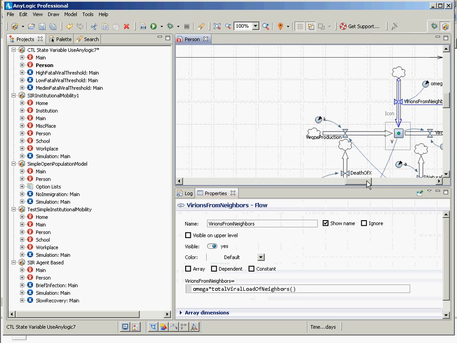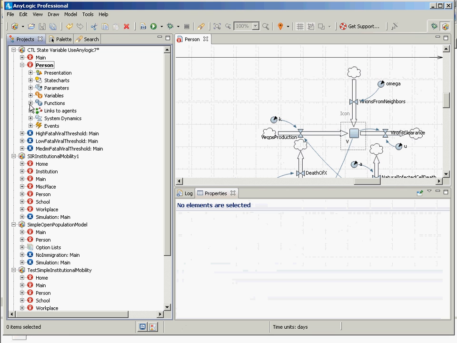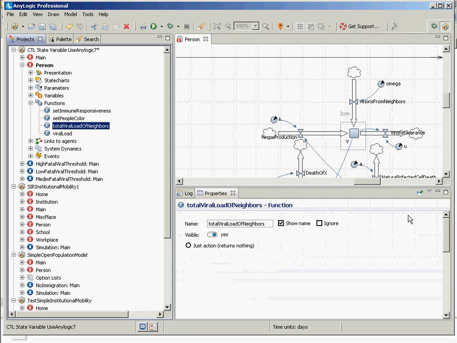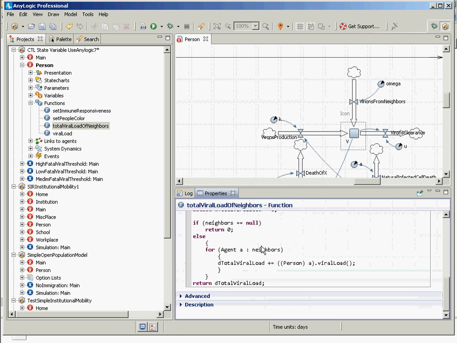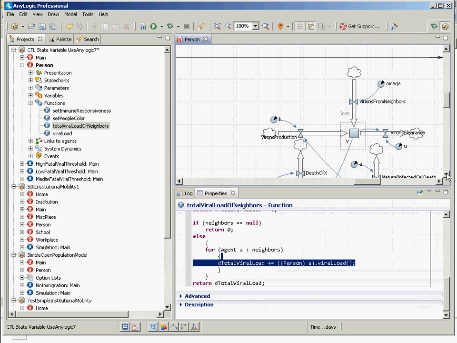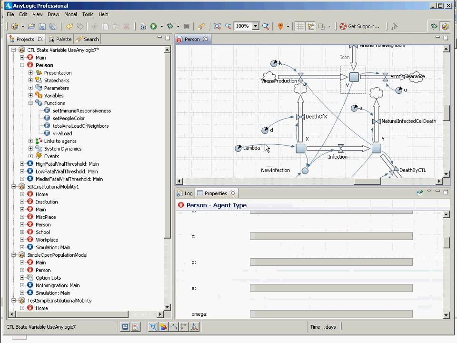And viral load of neighbors is in turn defined as a function, total viral load of neighbors, which we can find over here, which basically goes through all neighbors and totals up their viral load. So fundamentally, we have each individual evolving over time according to stocks and flows, and infection spreading from one person to another via a network.